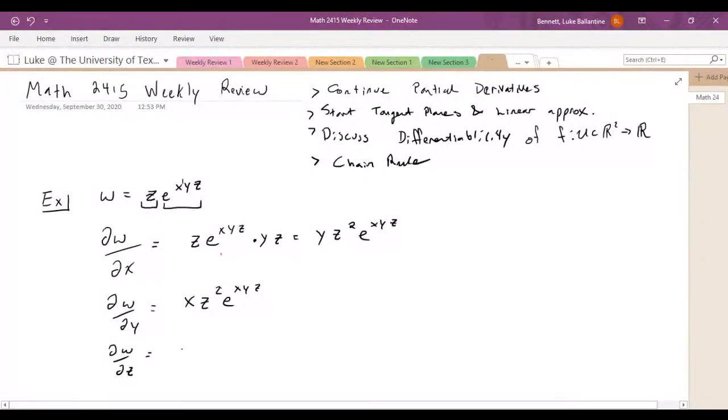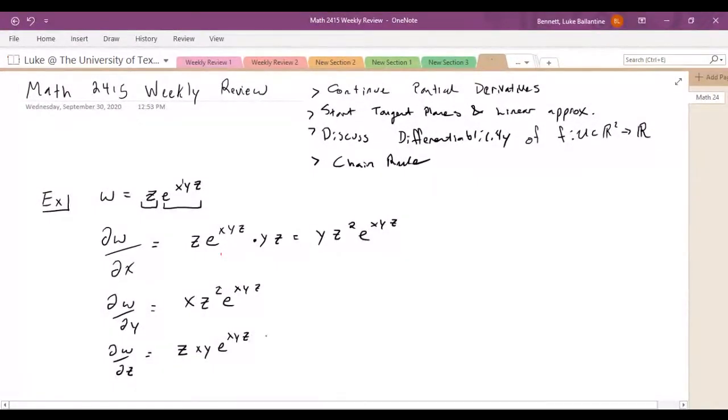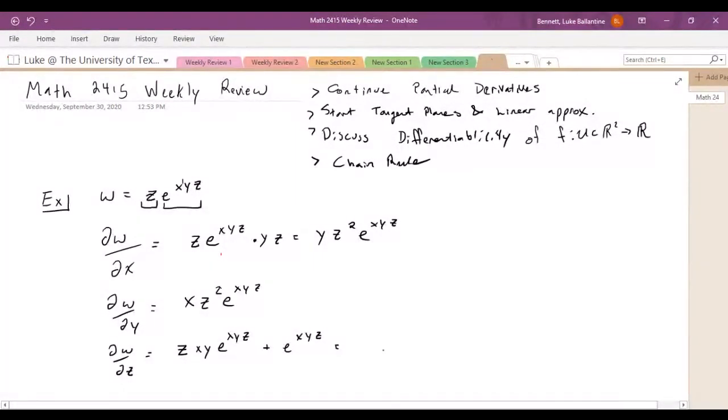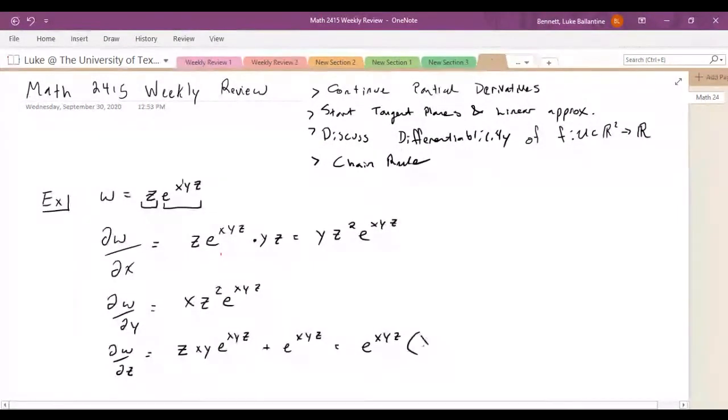The product rule, we have the first times the derivative of the second. The derivative of the second will be xy e to the xyz. And we have plus the second times the derivative of the first. The derivative of z with respect to z is just 1, so we have just e to the xyz. This is equal to, let's factor out an e to the xyz, and we're left with xyz plus 1.